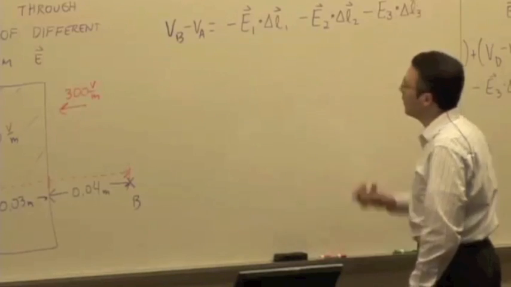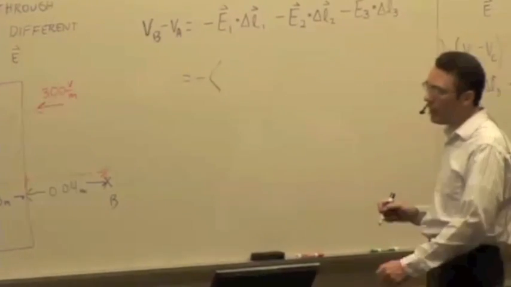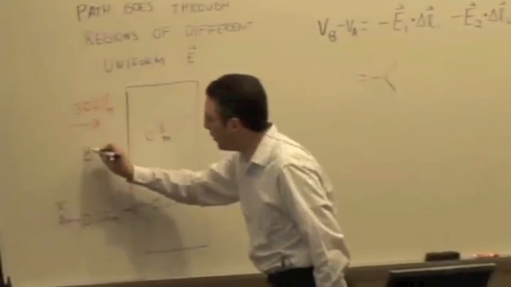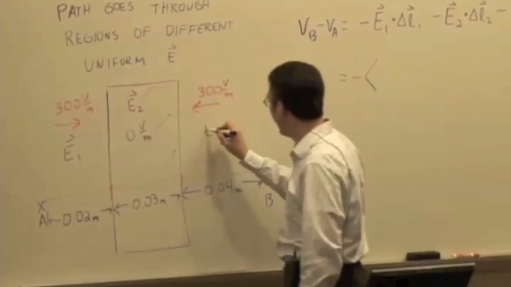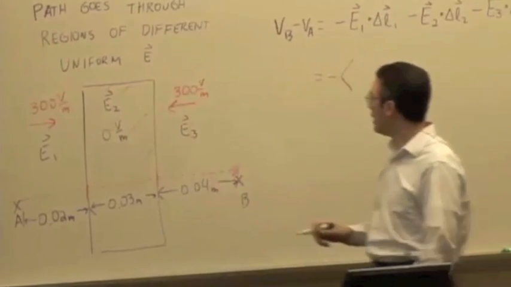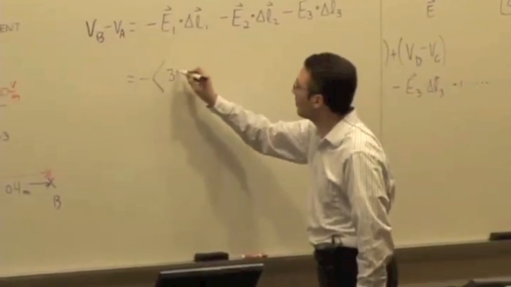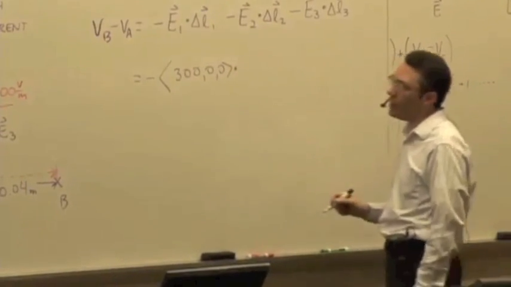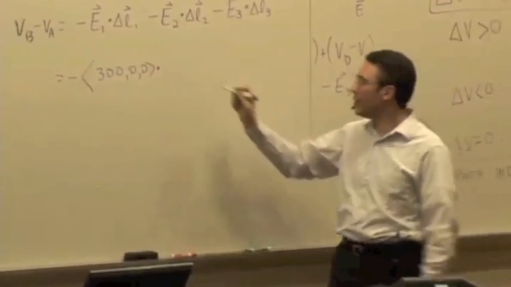Okay. So how would I write E1 as a vector? This is E1, right? And this is E2. And over here is E3. So how do I write E1 as a vector? 300, 0, 0. How do I write delta L1 as a vector? 0.02, 0, 0. Okay?